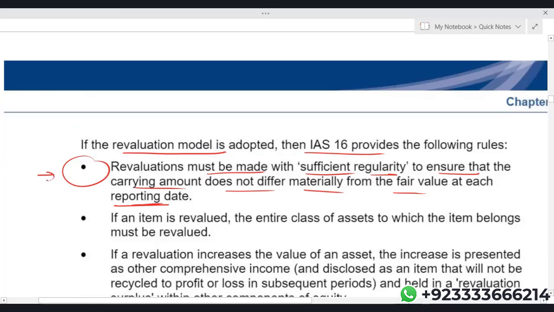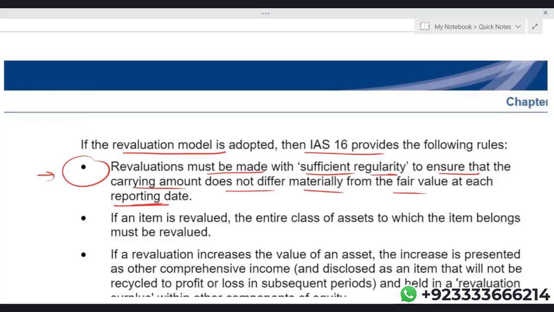What is written? If you are following the revaluation model, revaluation must be made with sufficient regularity. Now, listen. Whenever we are discussing the revaluation model, either under IAS 16 or under IAS 38, it is not required that every year you have to revalue your asset.